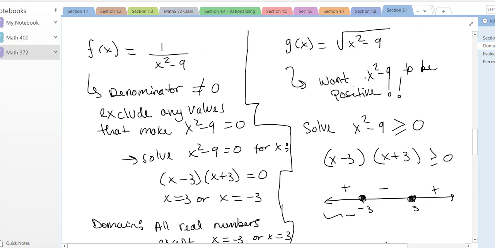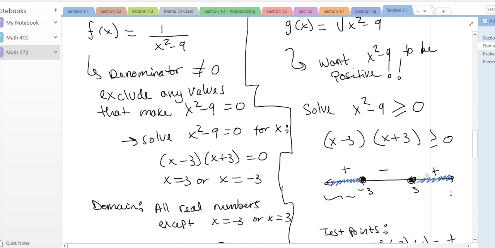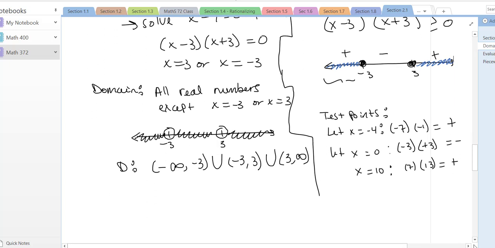Up here we said we want x squared minus 9 to be positive. So we're going to shade where the product is positive. And so the domain for this function then in interval notation would be minus infinity to negative 3 included, so bracket, union 3 to infinity.